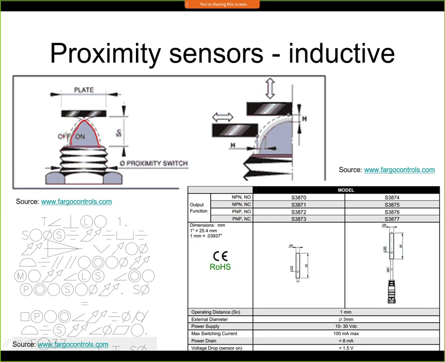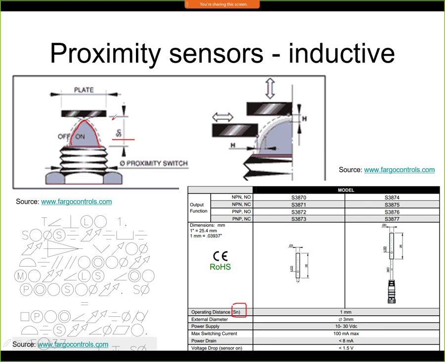And we can see that there is a certain distance. Typically in the datasheet it's called operating distance, and here it's called SN. That's the typical name as you see here in the datasheet. And the distance is defined between the sensor and the object in this vertical direction.